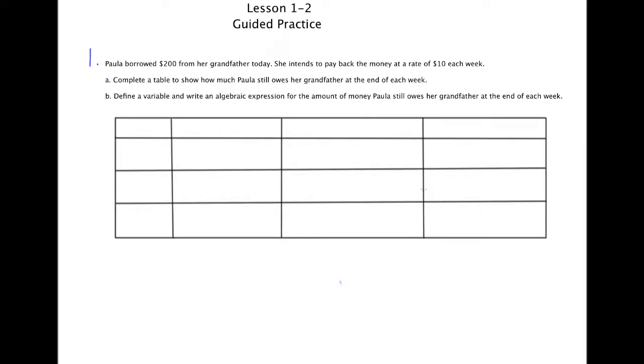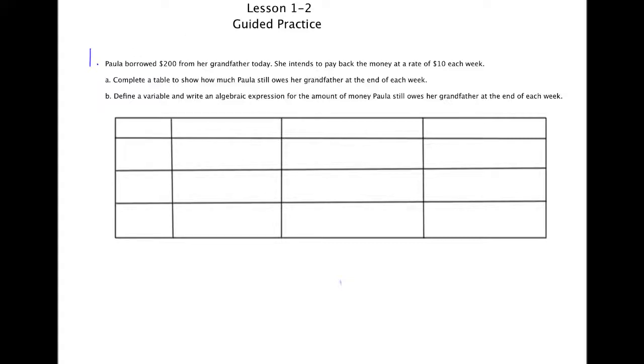Okay, well now we're on to guided practice for 1-2. Paula borrowed $200 from her grandfather today. She intends to pay back the money at a rate of $10 each week. That would be $10 per week. So the first thing we want to do is make a table to show how much Paula still owes her grandfather at the end of each week.